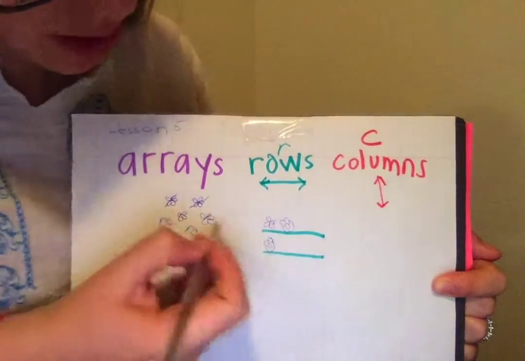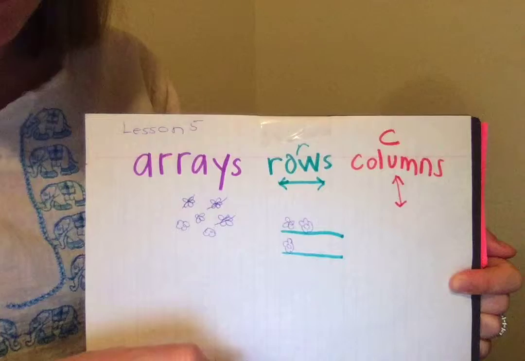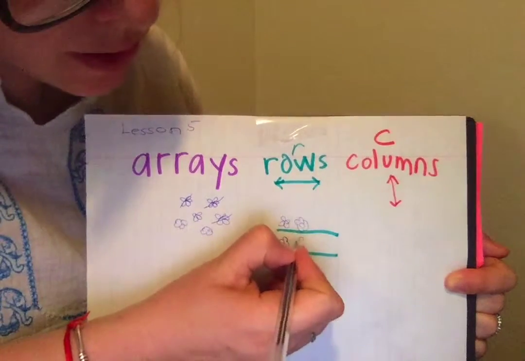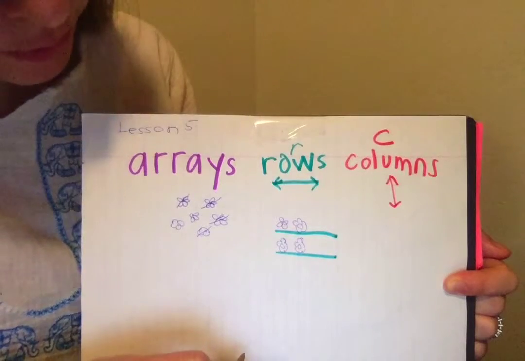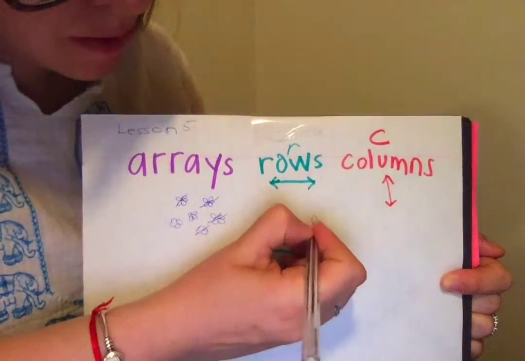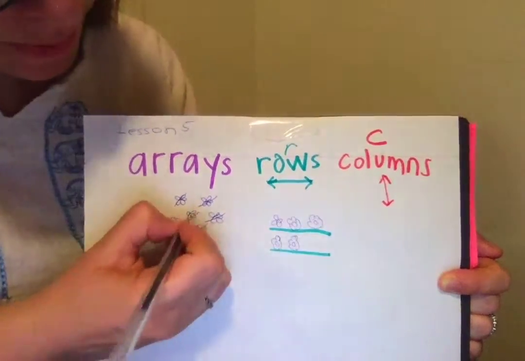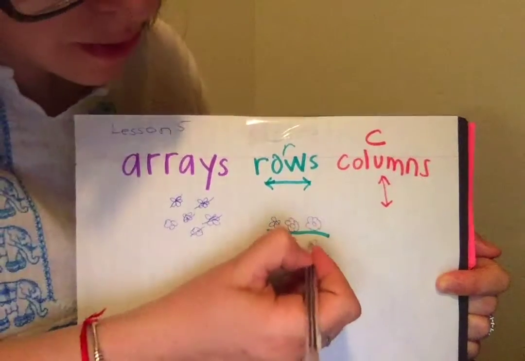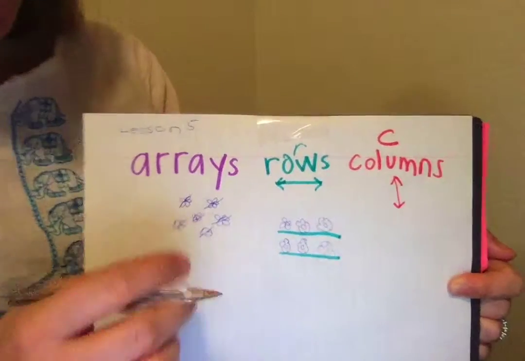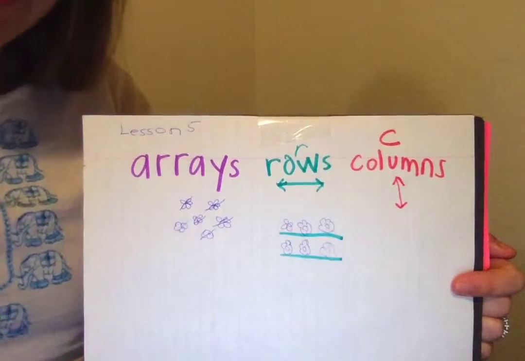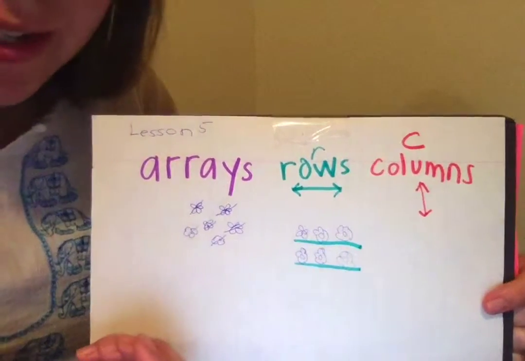I'm going to go back to the top, cross it off because I already used it. Then keep going until I finish. Now I've used 4. I'm going to use this one. Cross it off. I'm going to use this one. Cross it off. So now I've created an array, and it kind of looks like a rectangle.